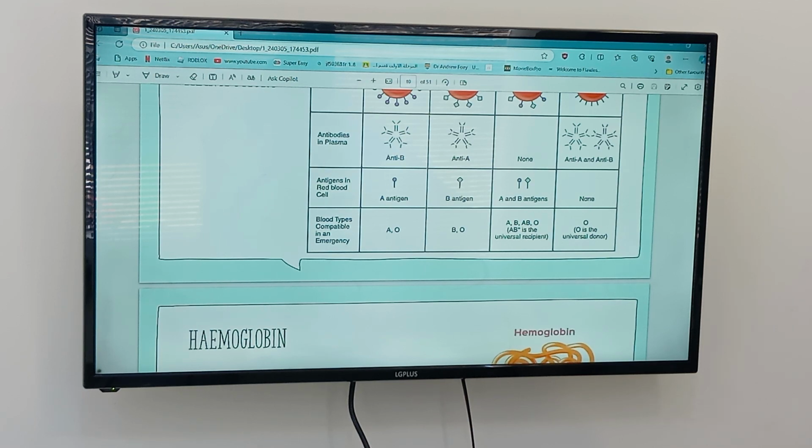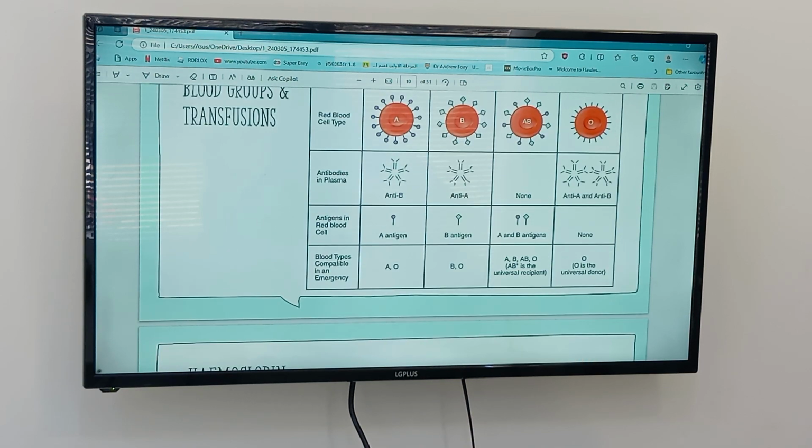Which blood types are compatible in an emergency? What will we give the person who has A blood group? We can give him A or O. Why? Because there is no antigen against O, and we can give him A, right? He already has the antigen, so that's no problem.